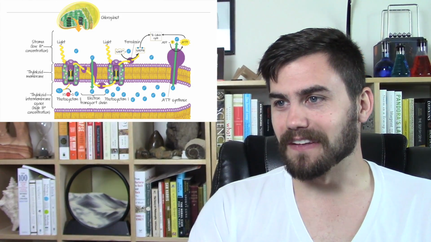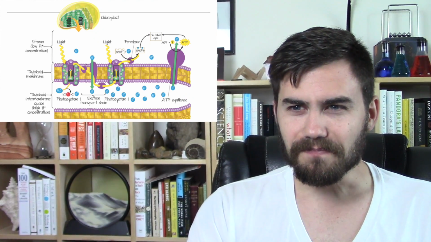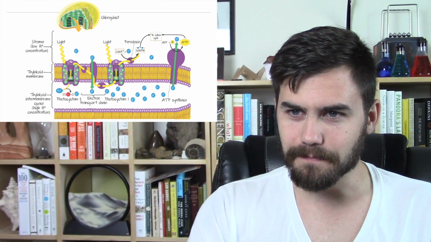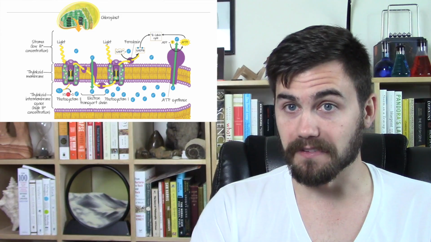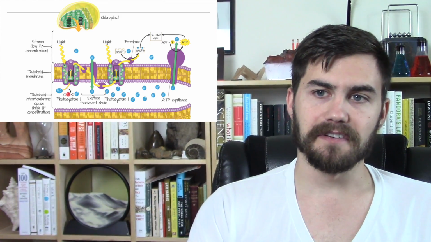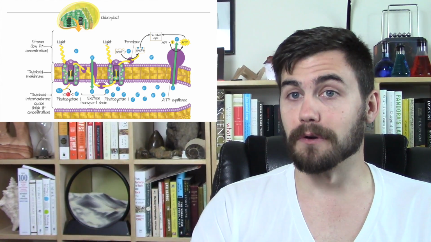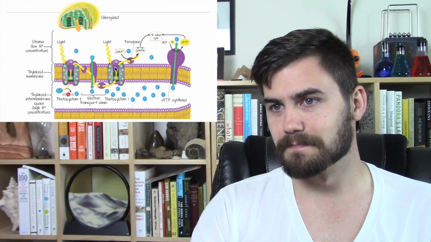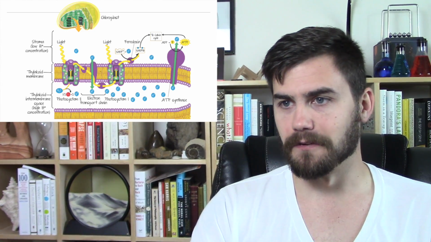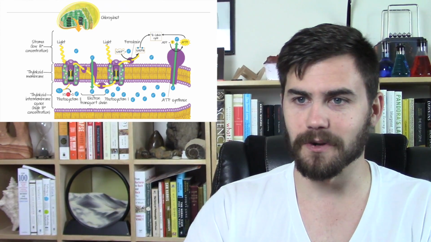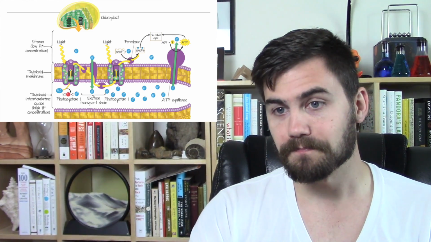This is called the electron transport chain. These large molecules are called photosystems. Really, all you need to understand is that is where the light energy is absorbed. That's where the chlorophyll are located. And there's 2 photosystems. This one's photosystem 2, that one's photosystem 1. So, what's going on?